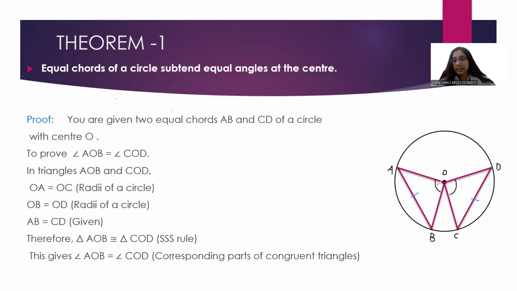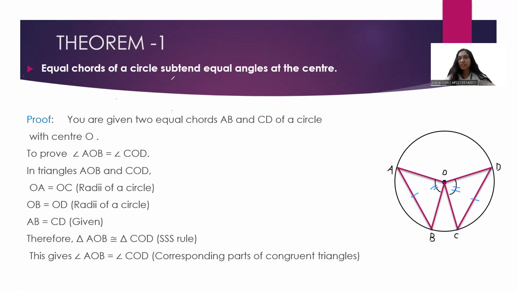So the theorem says that these two angles will also be equal. Clear? So what does theorem 1 say? If you are having two equal chords in a circle, then the angles made by them at the center will also be equal. Okay. So here I will be providing a proof to show that this theorem is true.